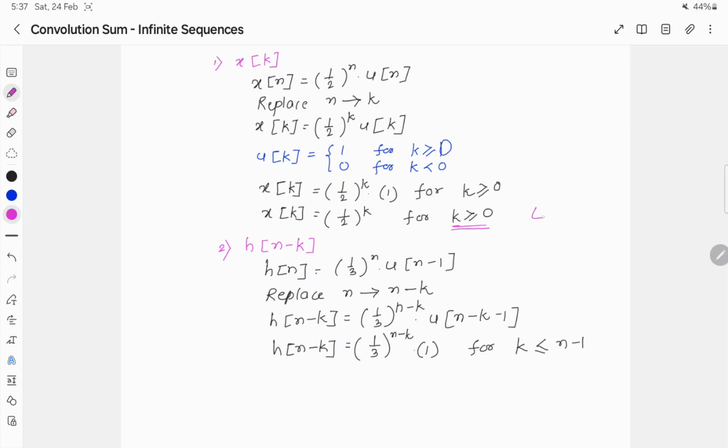So this forms the lower limit of our summation, that the values of k should be greater than or equal to 0. And in the second case, we get k less than or equal to n minus 1. So the values of k are less, so it represents the upper limit.